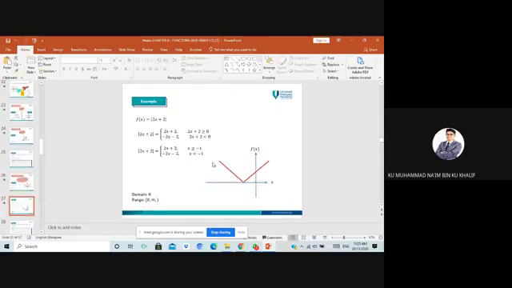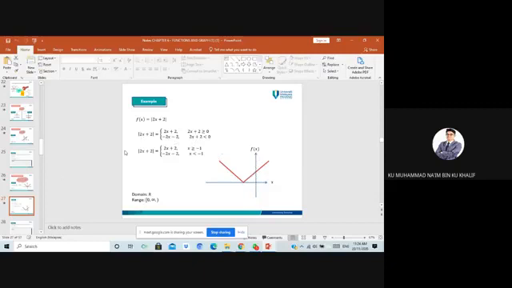Okay, so we go to this simple example. We have an absolute value function, which is 2x plus 2. So you can see here the value for x will be here. Oh, sorry, for the function.